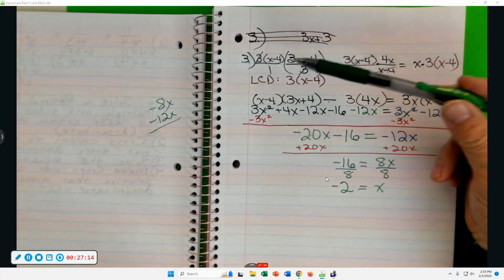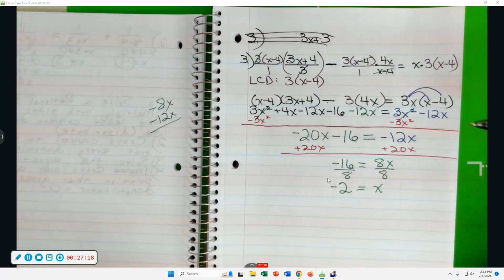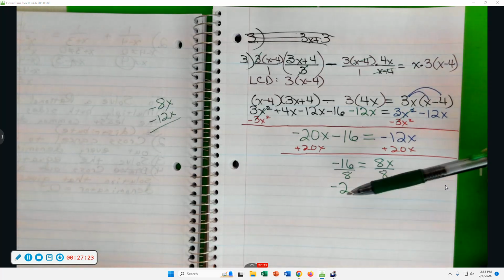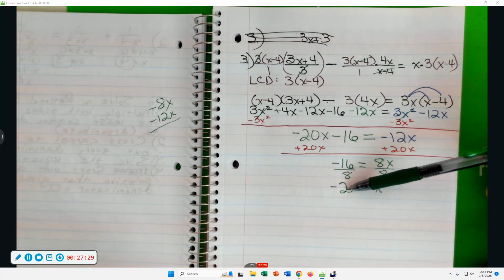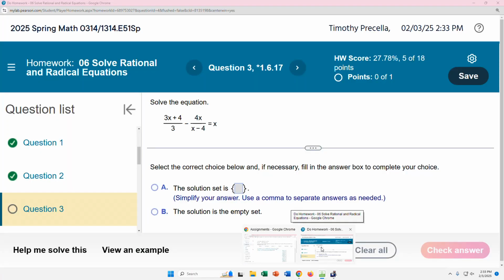We multiplied by the least common denominator. We cross-canceled to cancel out every denominator. We solved the resulting equation. We just have to make sure that negative 2 doesn't give us a denominator of 0. It's hard to tell what the original denominators were. Look back at the original problem. What did you say the only number that would give us a denominator of 0 was in this problem? The first denominator would never be 0.